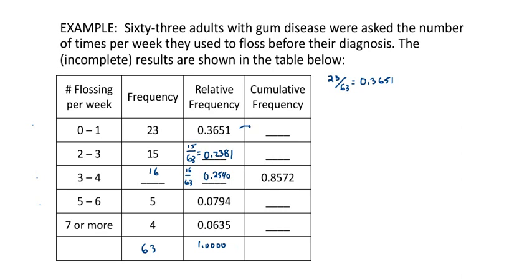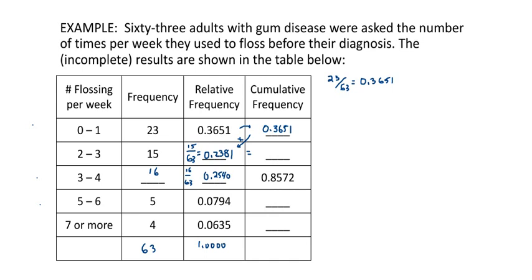So our cumulative frequency, we're building up, we're accumulating the numbers from our previous categories. So to get the next category, we're going to take 0.3651, that's a 5 there, and we're going to add it to the next category to get the cumulative frequency, in other words, the sum.